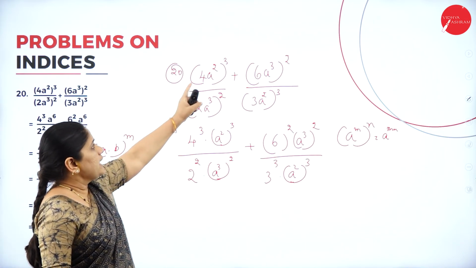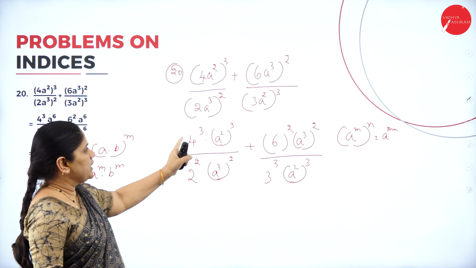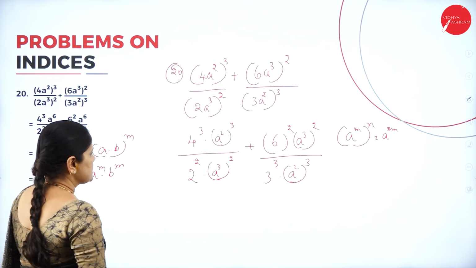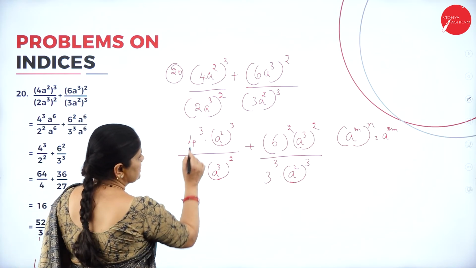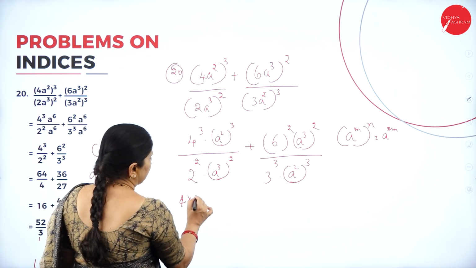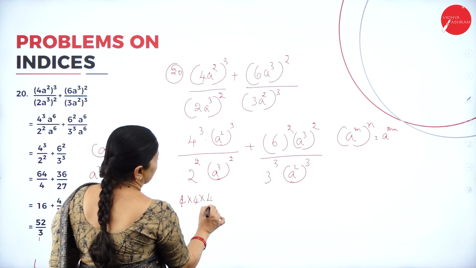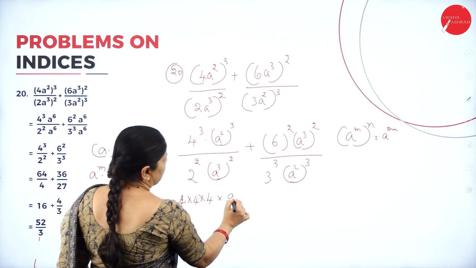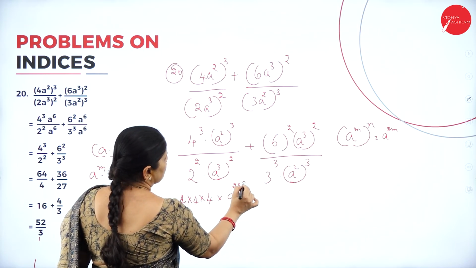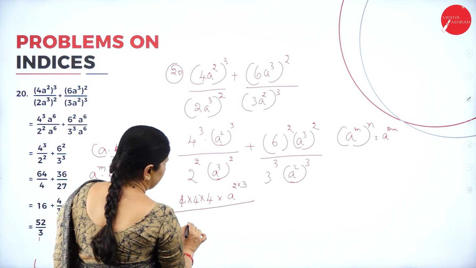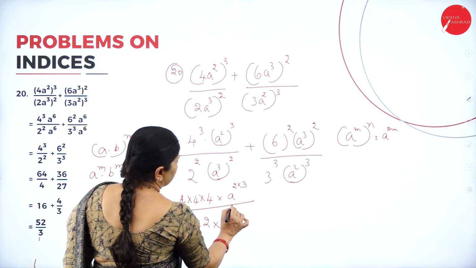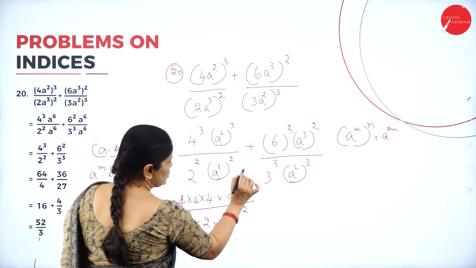So, (4a square) the whole cube will be 4 cube into (a square) the whole cube. So, this expression I will be writing as, 4 cube will be 4 into 4 into 4 into a square into 3. So, a to the power of 2 into 3 divided by 2 into 2 into a to the power of 3 into 2.